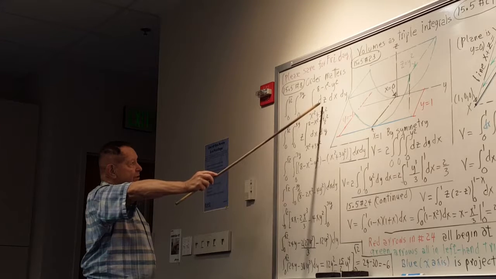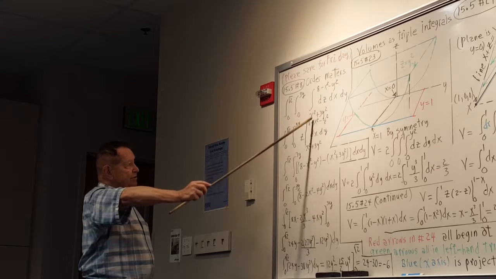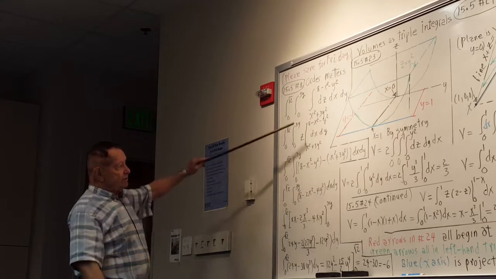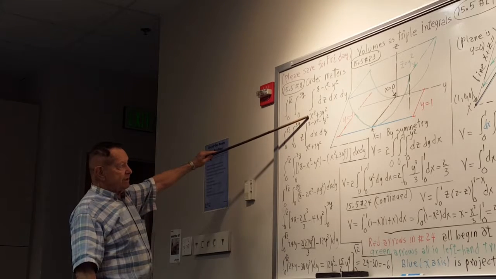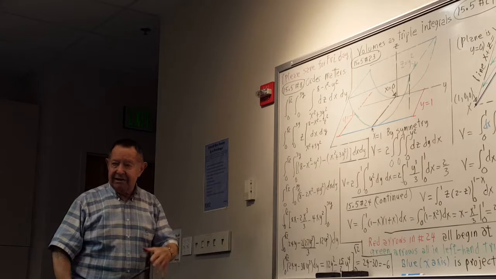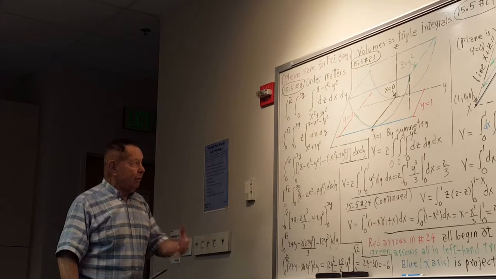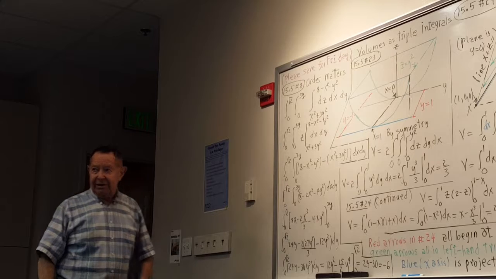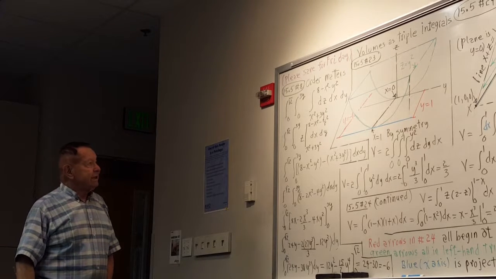You could think of it that z is running from a surface z equals x squared plus 3y squared, which would be kind of like a bowl with a parabolic cross section.